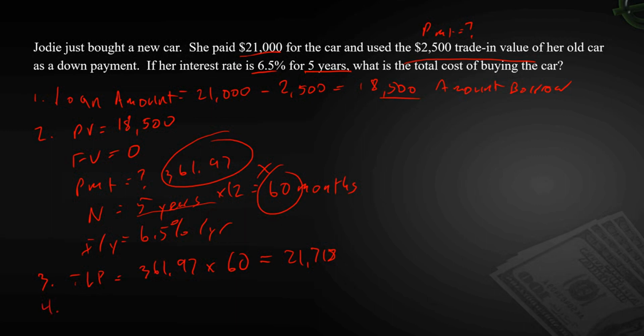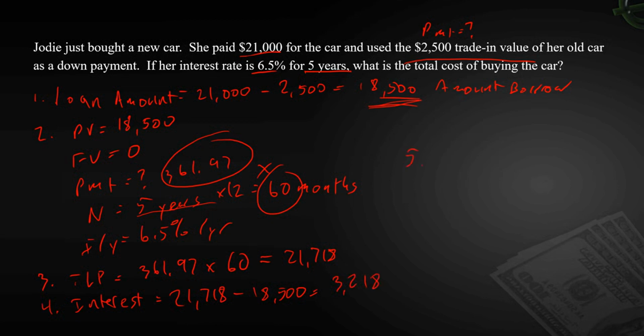So in step 4, the total interest or the finance charge is the total loan payment, $21,718, minus the amount we borrowed, the loan amount. Okay, so if you take the total amount that we pay and subtract how much we actually borrowed, everything left over is interest, so $3,218.